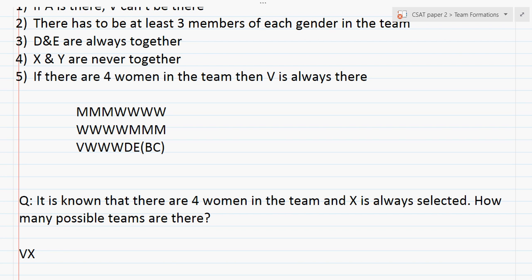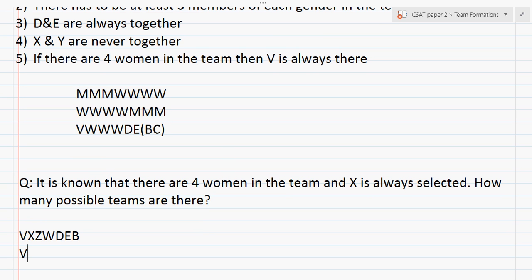So then there is V, X, and Y is not selected, right? Which means 4 women, Z and W. These 4 women are there. Then there are D and E. Then there can be B. This is one team. The other team can be V, X, Z, W, D, E and C. So how many teams are possible? There are 2 teams possible.